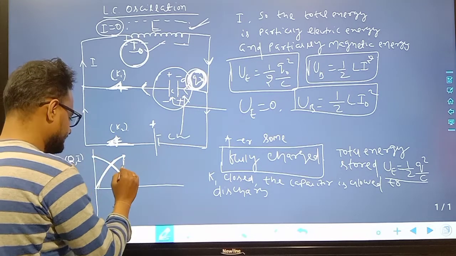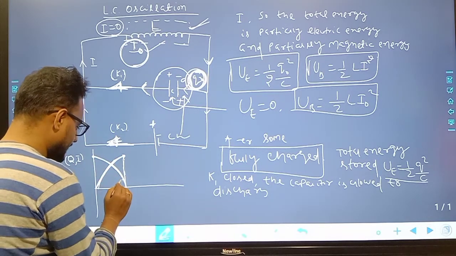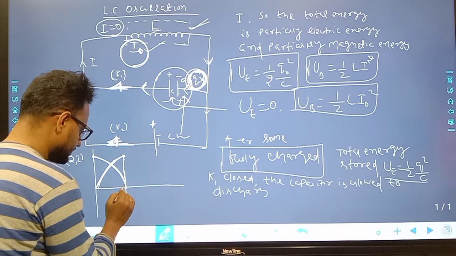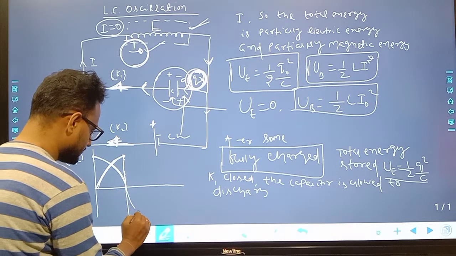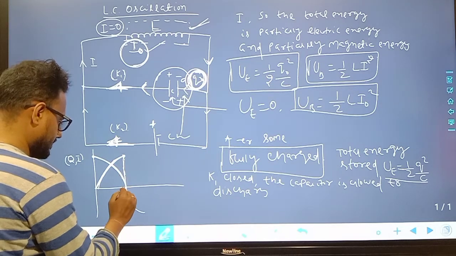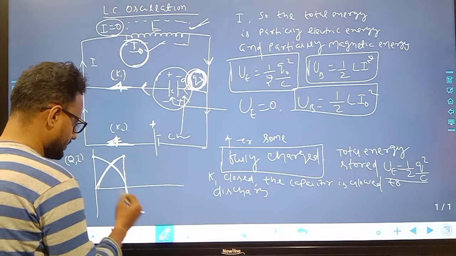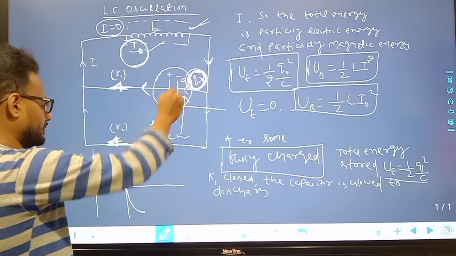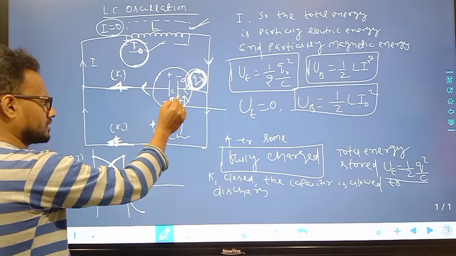So now the charge becomes maximum, but with reverse polarity.